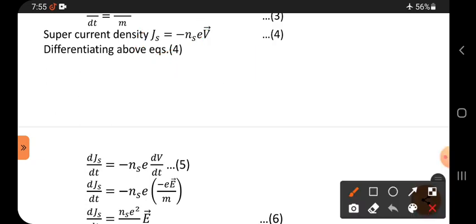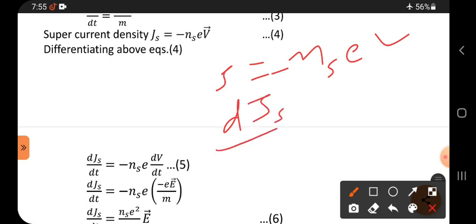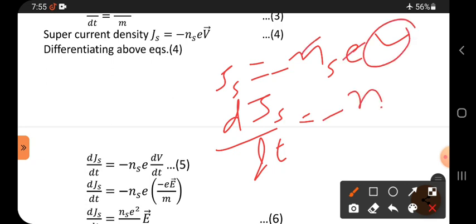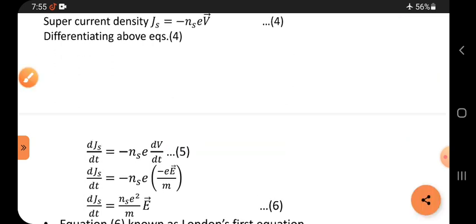If you differentiate Js is equal to minus ns e v with respect to time, dJs by dt is equal to minus ns e dv by dt, because ns and e are constants and only v is differentiable. So it is equation 5.